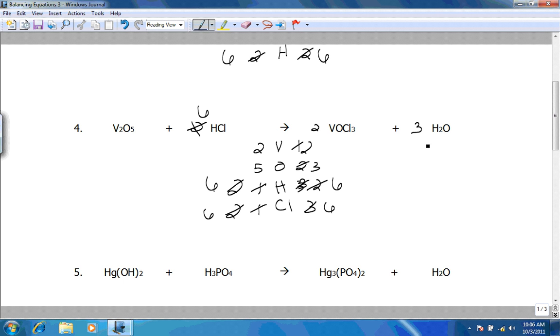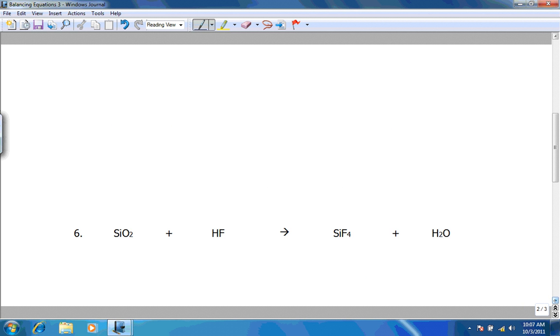That also changes the amount of oxygens I have. I have 3 here, and I have 2 here. So I have 3 and 2. That means I have 5 on the right-hand side now. So I have vanadium balance, oxygens balance, hydrogens, and chlorines there, all balanced. So it becomes 1, 6, 2, and 3. That one was a little bit harder.